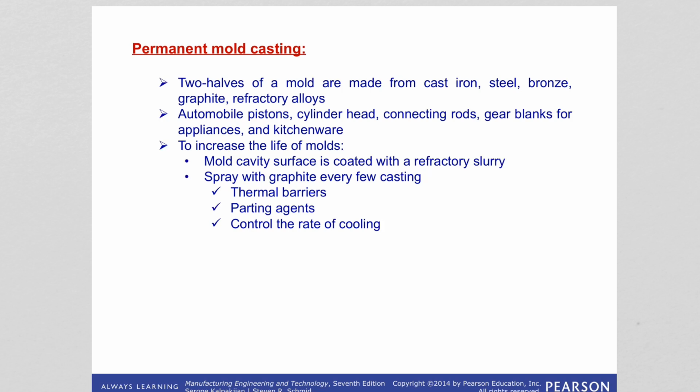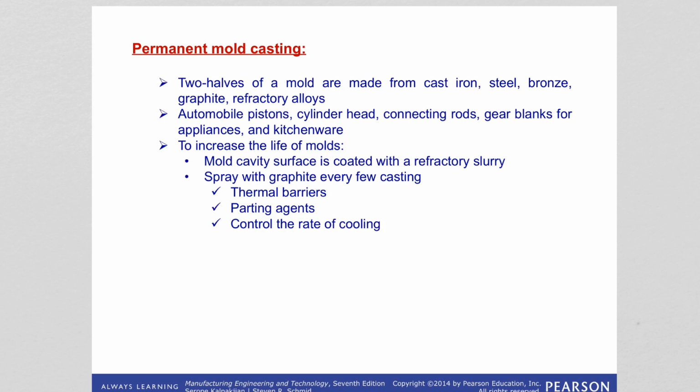Okay, so what types of parts are being produced with permanent mold casting? Automobile pistons, cylinder heads, connecting rods, gears, appliances, kitchenware. Because we keep reusing the mold, we need to make sure we increase the life of the molds.